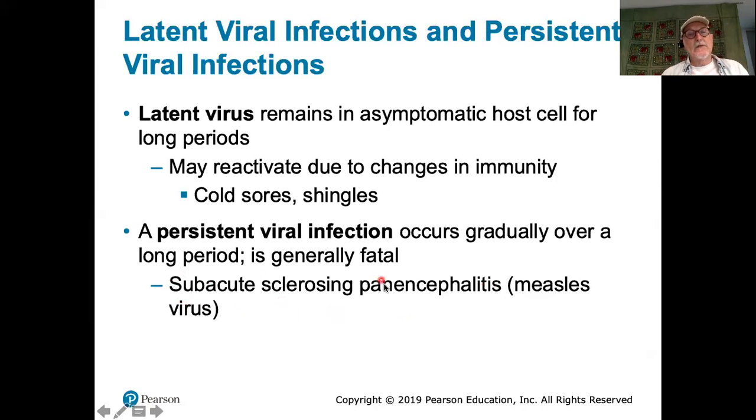This is one of the reasons why measles vaccination is so important. Even though some people regard measles as a mild childhood illness, which it's not, it's an extremely dangerous childhood illness. It can also produce this long-term chronic condition.